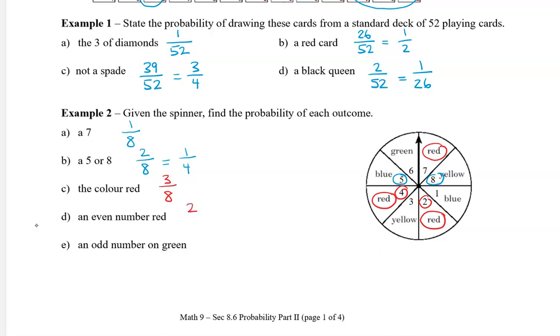There's only 2 out of a total of the 8 pie pieces, so 1/4. All right, the last one is we want an odd number on green. There's only one green number, but we notice that the number is an even number, it's 6. So actually there are 0 odd numbers on green. So 0 out of 8, or 0.